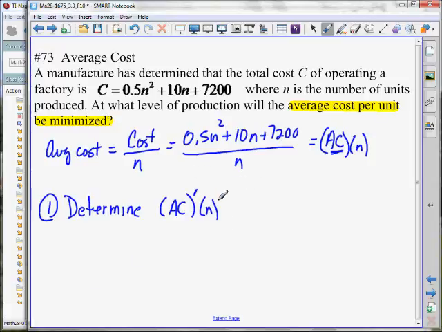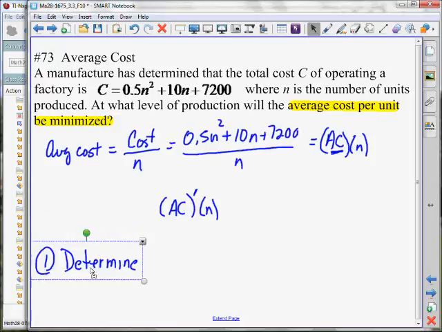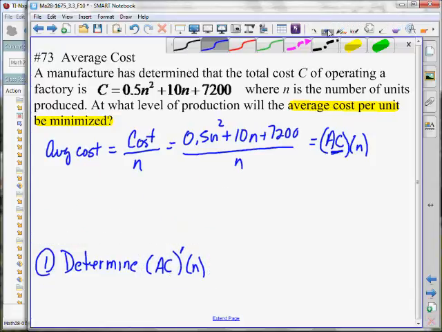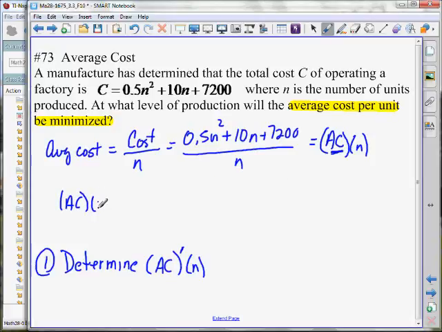When you do that, if I keep it in this format, we're going to have to use what rule? Do you really want to use the quotient rule if you have to? I don't. So the first thing I'm going to do, I'm going to rewrite my average cost function so I don't have to use the quotient rule.